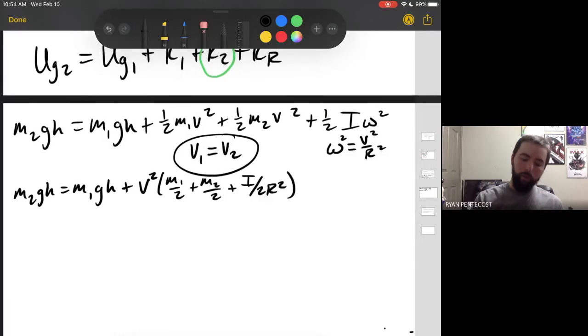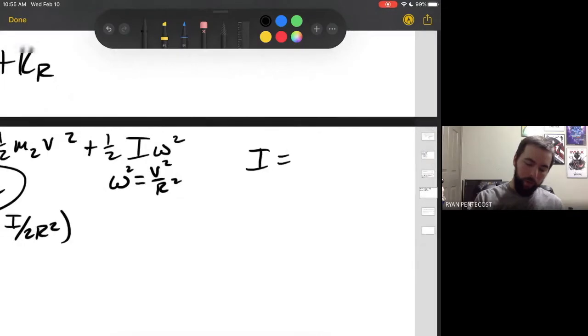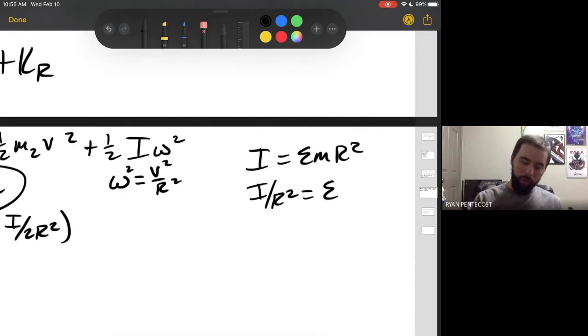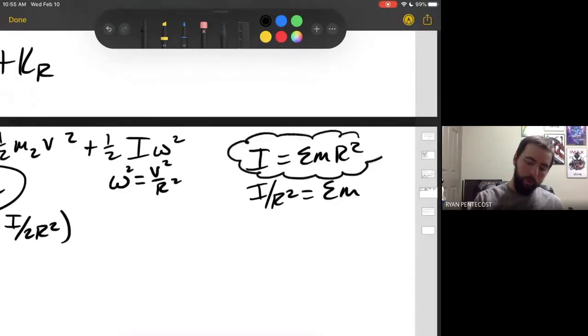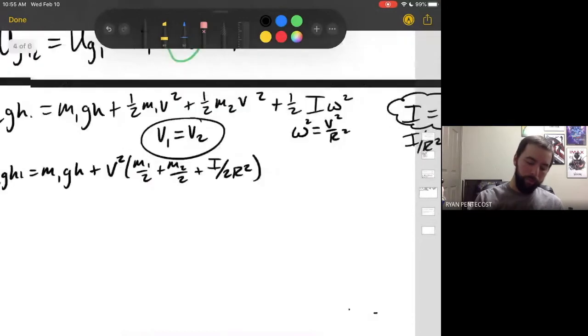And remember, I over r squared is kind of like saying you've got mass, right? Because if I is mr squared, I over r squared is going to give you the mass. Making this assumption here, I over r squared kind of represents the mass of the object. So you can see here, all of the masses are divided by 2: m1 divided by 2, m2 divided by 2, and I over r squared also divided by 2.